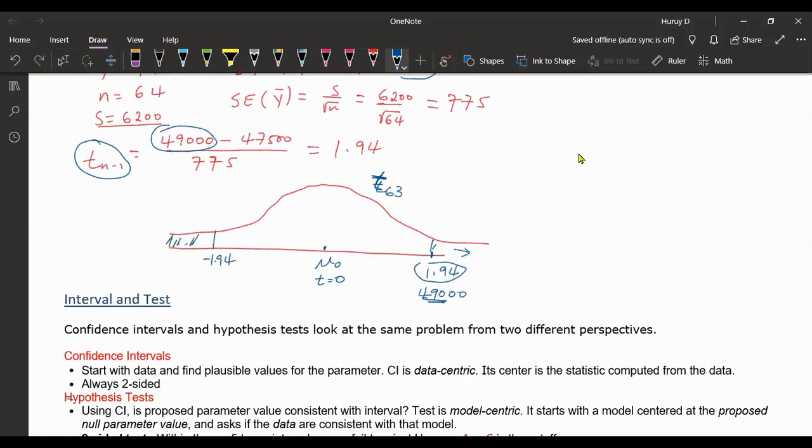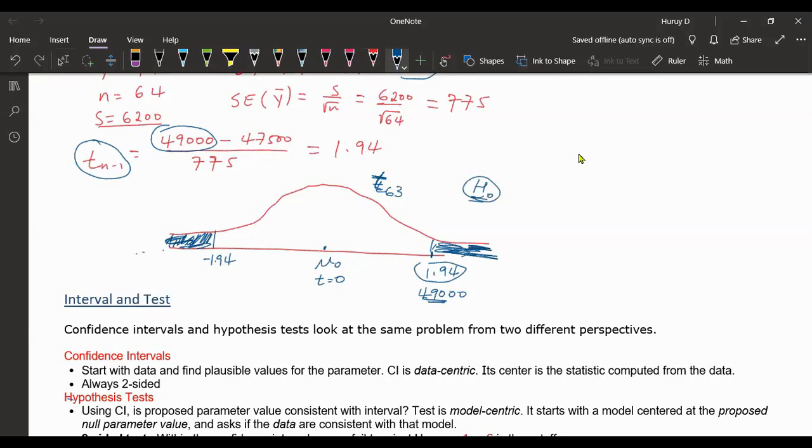So what is the probability of finding samples somewhere in here or on this side? What I mean is, let's say you pick another sample from the same population. What is the probability of getting another sample somewhere in this area, given H naught is true? We are assuming H naught is true.